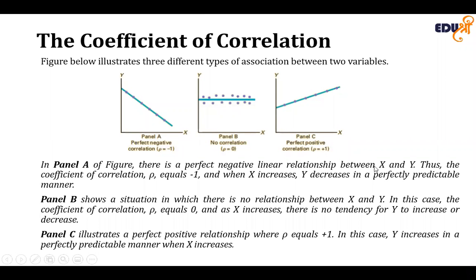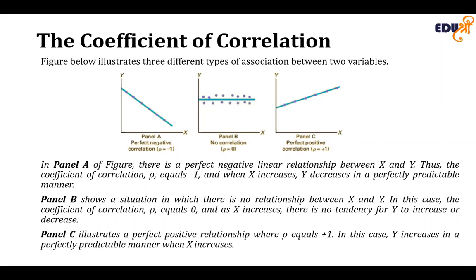The figure below illustrates three different associations between two variables. In panel A, there is a perfect negative relationship between x and y, so the coefficient of correlation rho is equal to -1. When x increases, y decreases in a perfectly predictable manner.